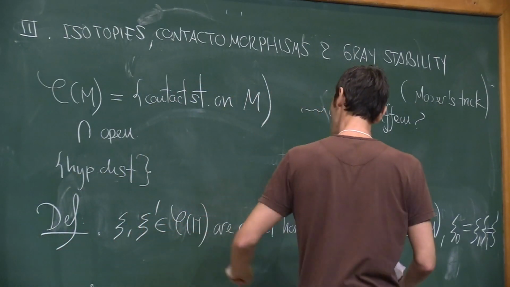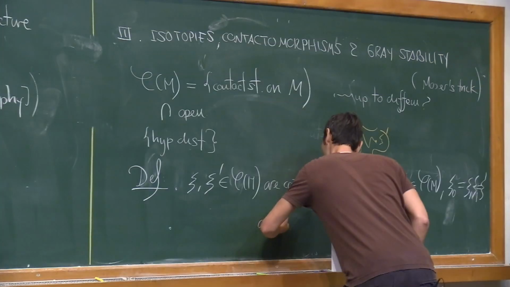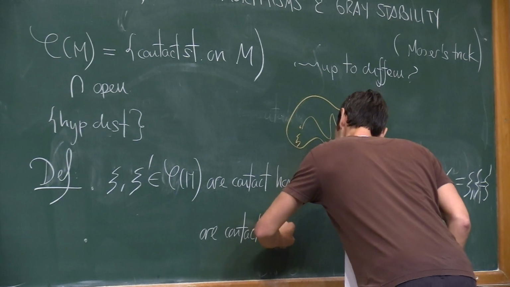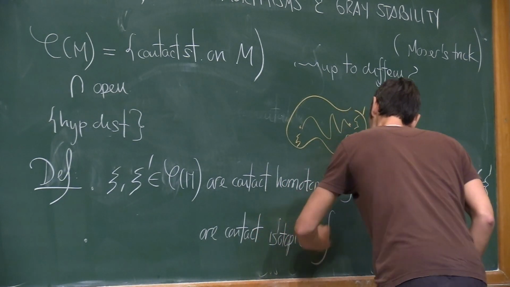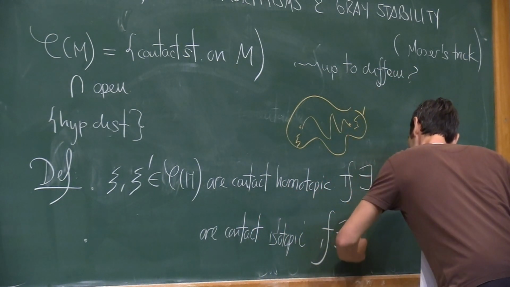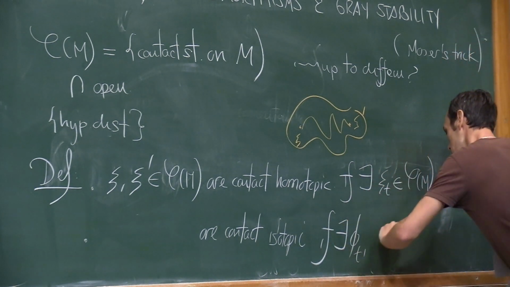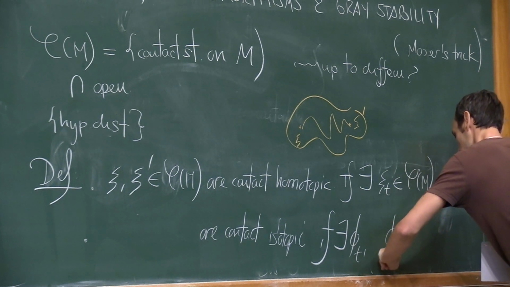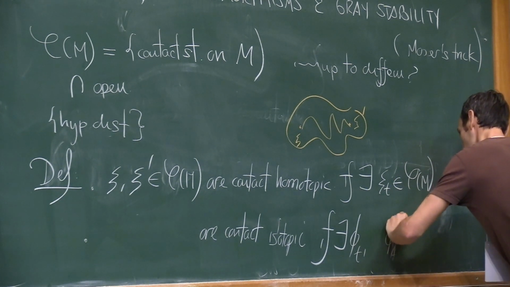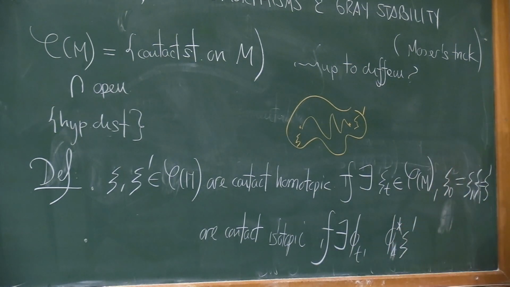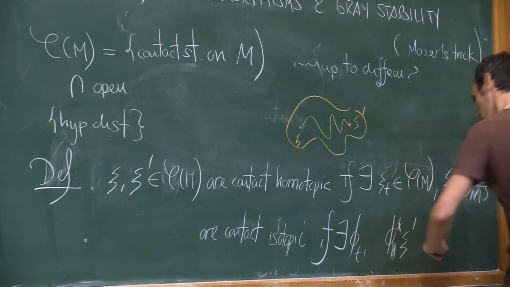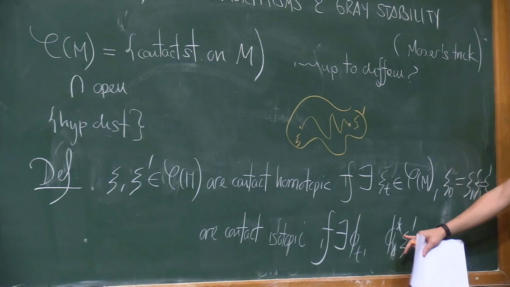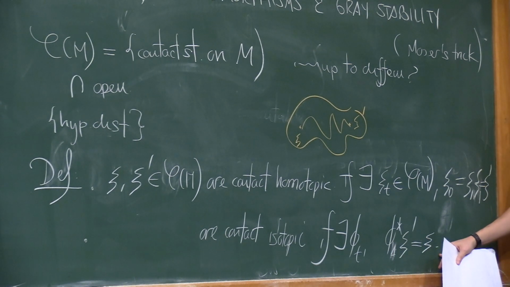I'm going to say that these two contact structures are contact isotopic if there exists an isotopy such that the pullback by the time one diffeomorphism of psi prime is psi.